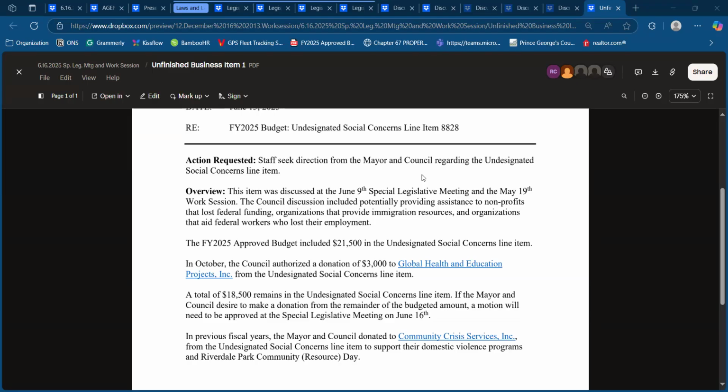Now, I don't know if this is something that we want to consider at this point under this aspect of our budget, or if we want to be looking at something else during the next fiscal year.